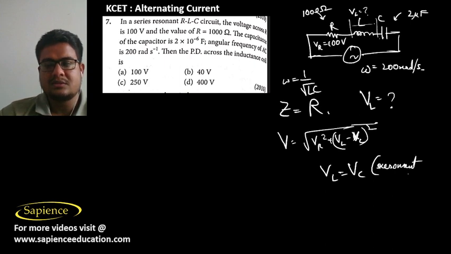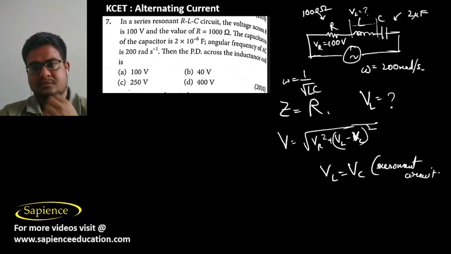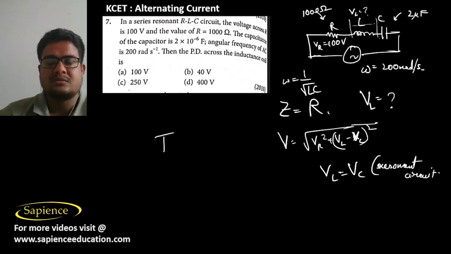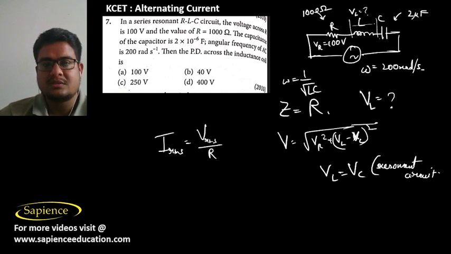IRMS is equal to VRMS by R, since here Z is equal to R. VRMS is 100 volt divided by resistance 1000.